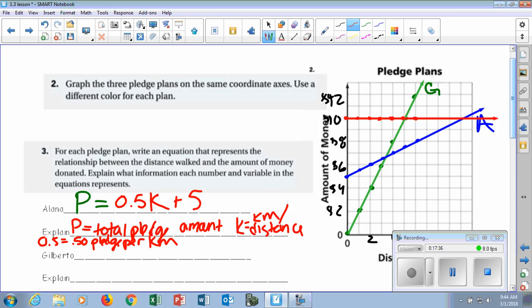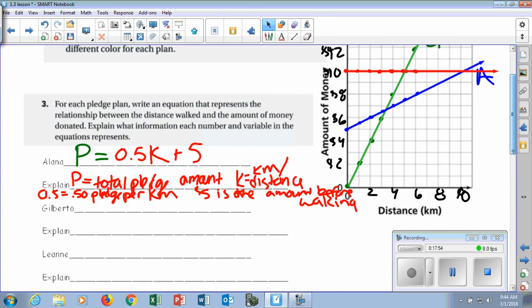And lastly, the $5 is the amount before walking, because they're all just giving me that before I even walk. Before walking. Let me move this up so you can see it back there.